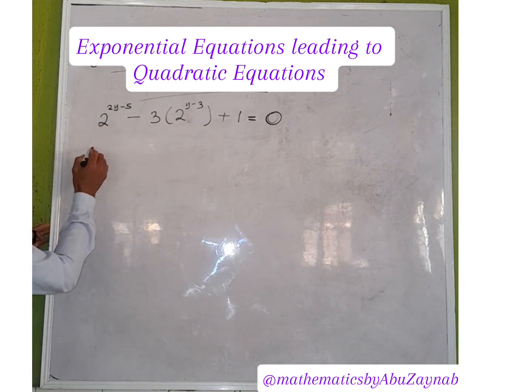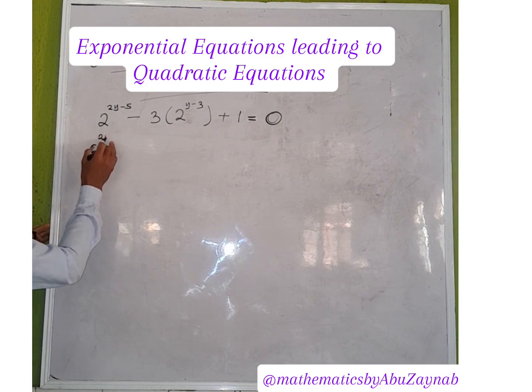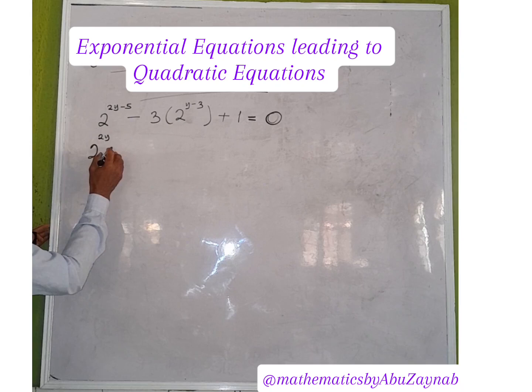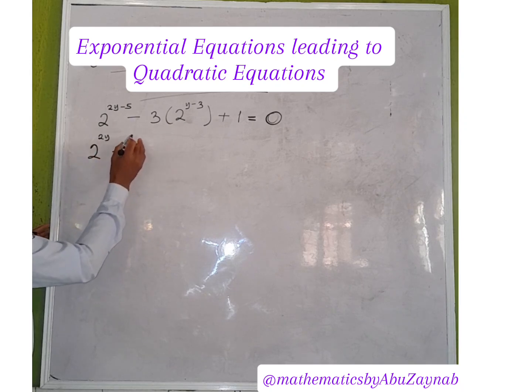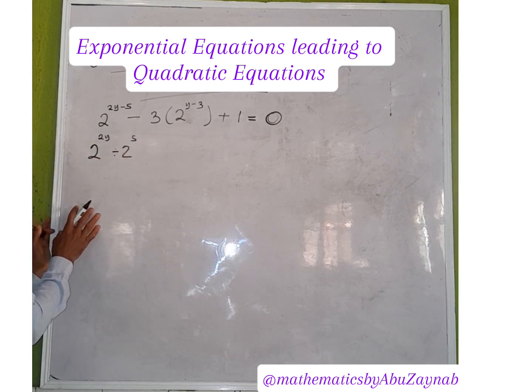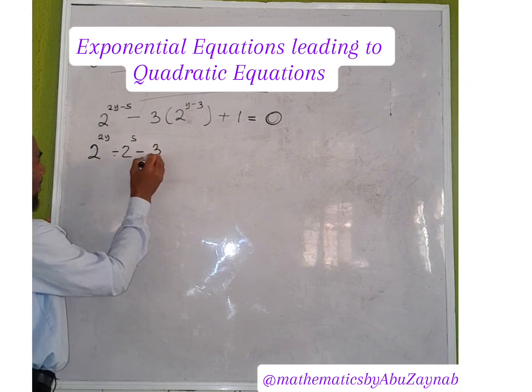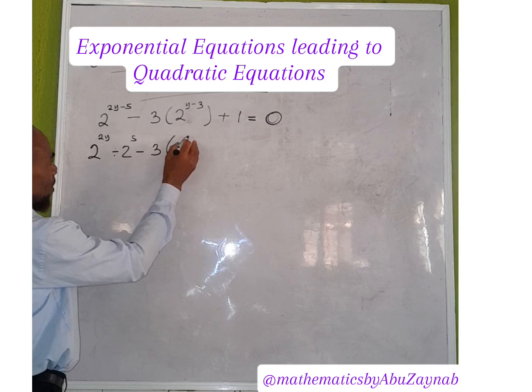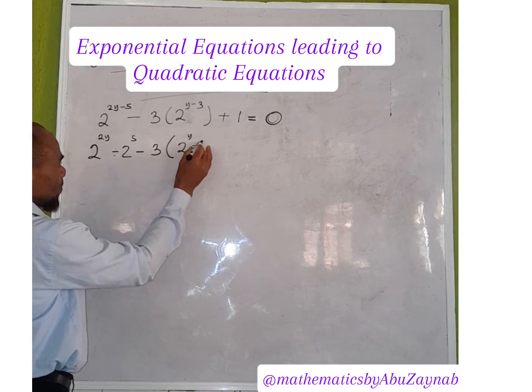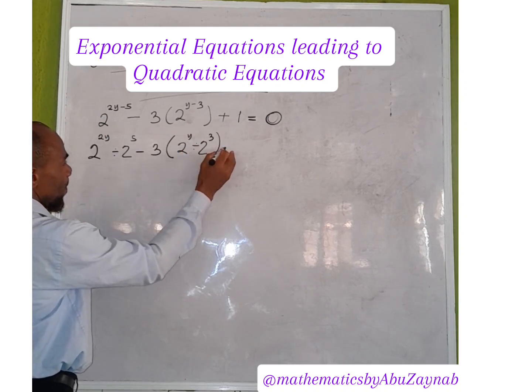So I'm going to have here 2 raised to the power 2y. This is division, right? 2 raised to the power 5. We are using the laws of indices. Minus 3 bracket 2 raised to the power y divided by 2 raised to the power 3. Then plus 1.